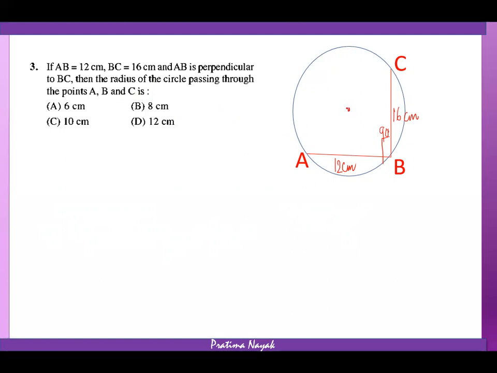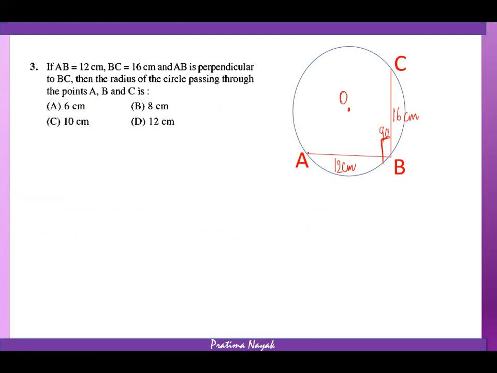What will be the radius of your circle O, which is passing through ABC? How to get it? The options are 6, 8, 10, 12. Have any idea clicked in your mind?